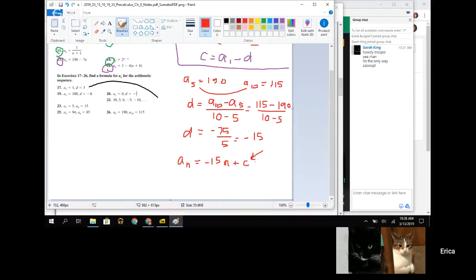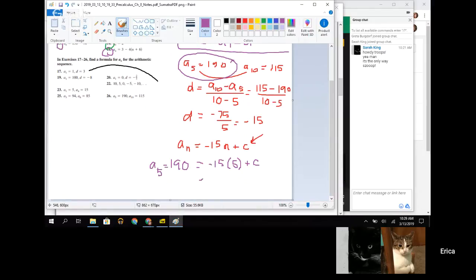So another option for finding that is that we know that, for example, when n equals 5, a sub n equals 190, right? So if I plug that in, a sub 5 equals 190, which equals negative 15 times 5 plus some constant, right?